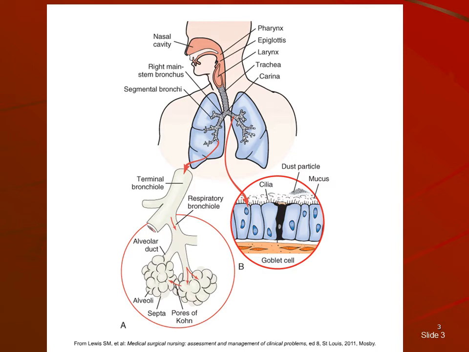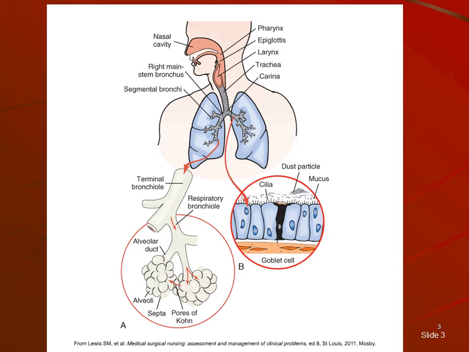And the last branch of this airway is where the exchanging unit of gases occurs in the lungs. What we talked about before, this is where the alveoli are. So the blood flows around the alveoli, allowing for diffusion of oxygen and carbon dioxide.